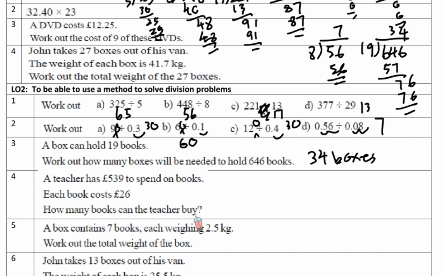A teacher has 539 to spend on books. Each book costs 26. Work out how many books the teacher can buy. So we will take 539 divided by 26. So 2 will get 52 and 1. And now we'll put 0 because this can't be divided. So this will be 19. And we can add a 0 here.